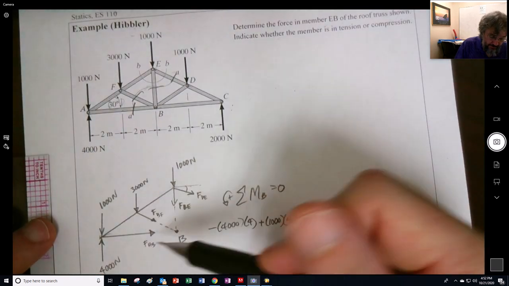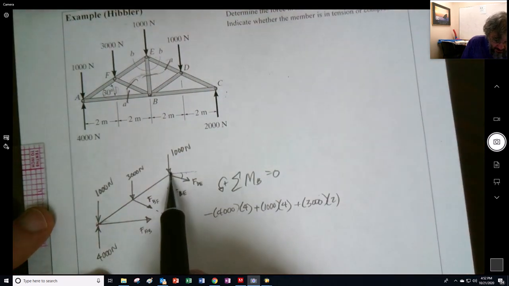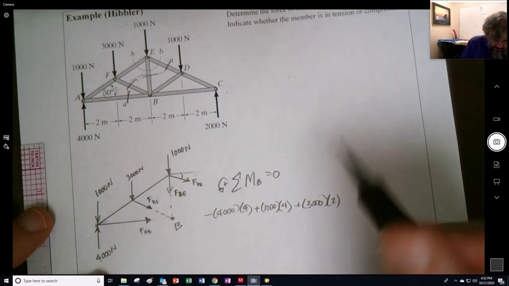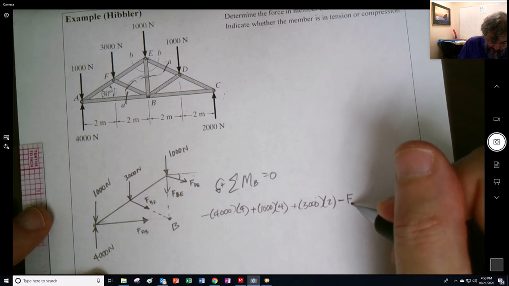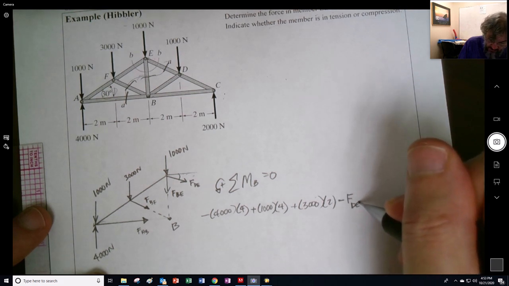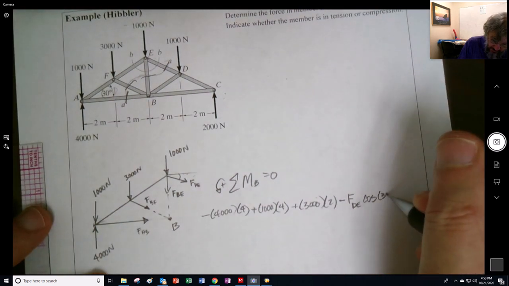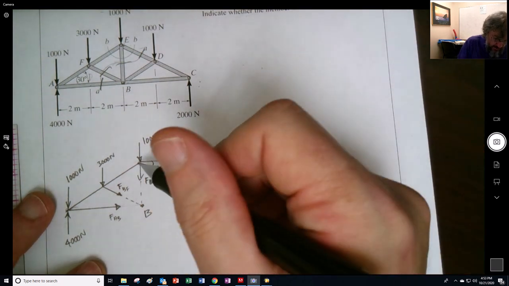And then we have this guy right here, and only his horizontal component. It's going to be clockwise, so it's negative, and DE times the cosine of 30 degrees, times this distance.